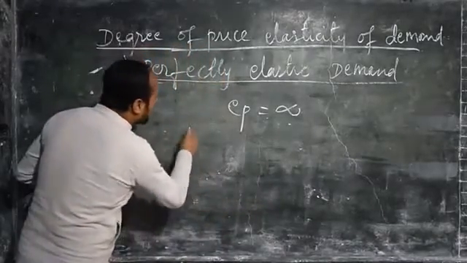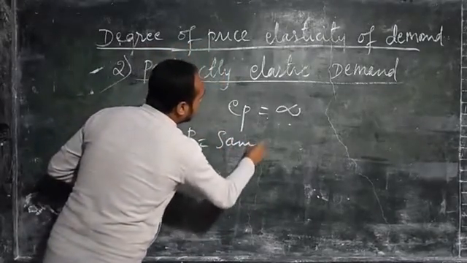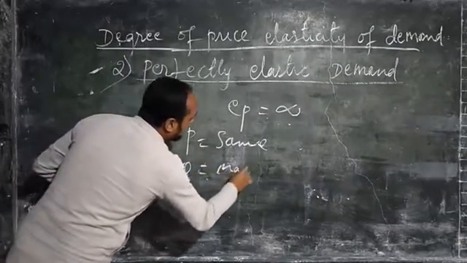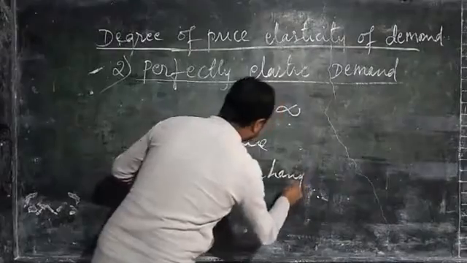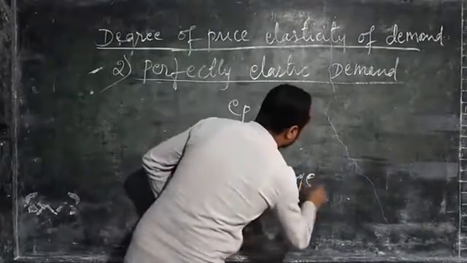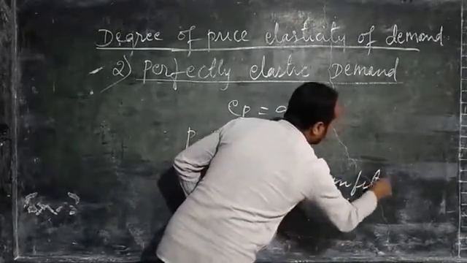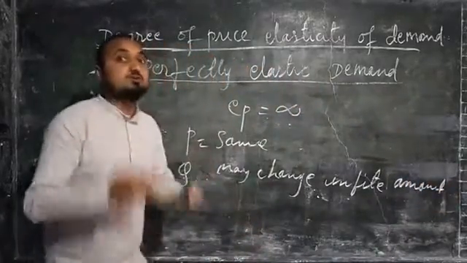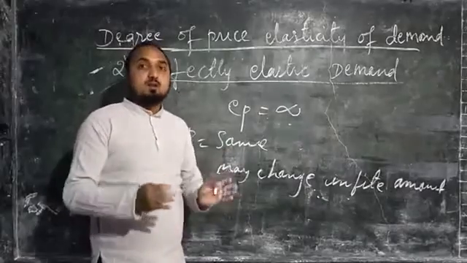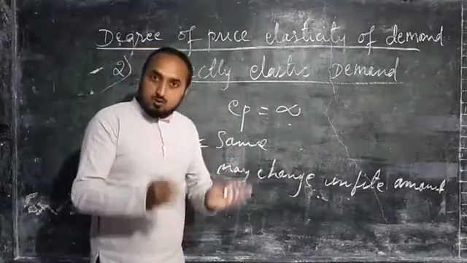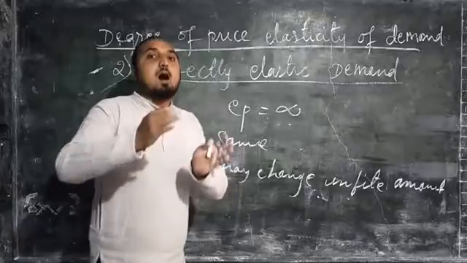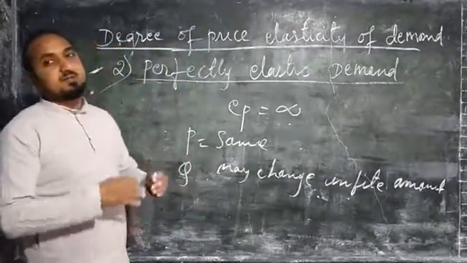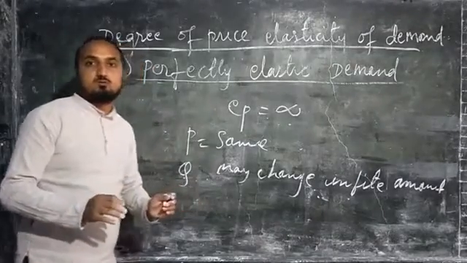That means P will remain the same, and Q may change by an infinite amount. But it also says that the consumer will not purchase the quantity at a higher price. So price will remain the same, but quantity may change by any amount.